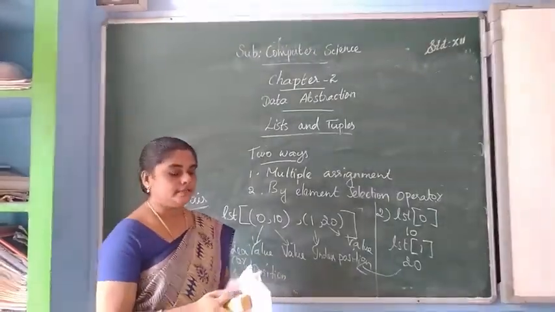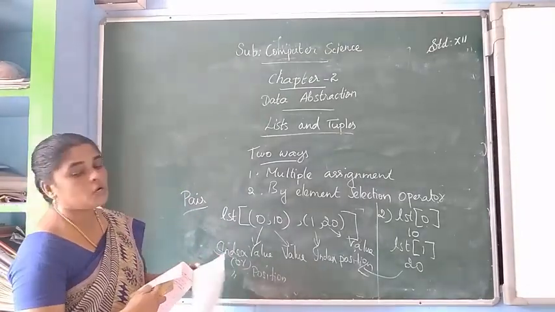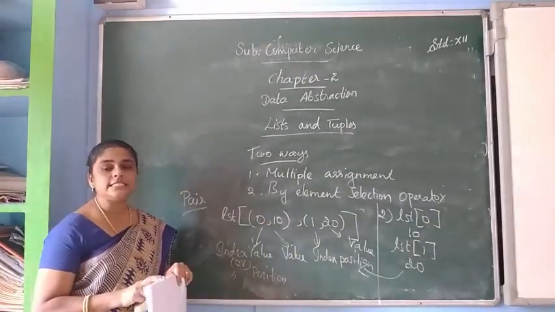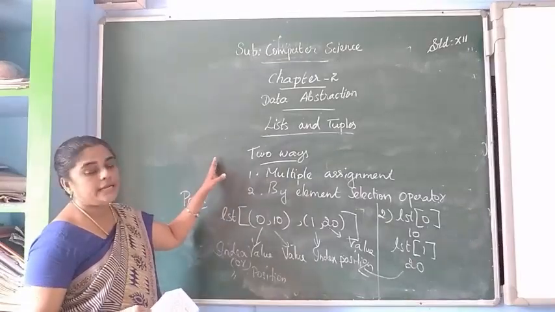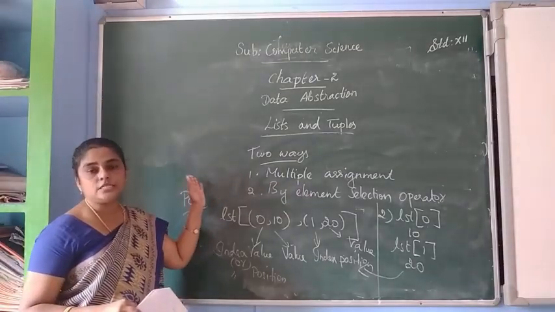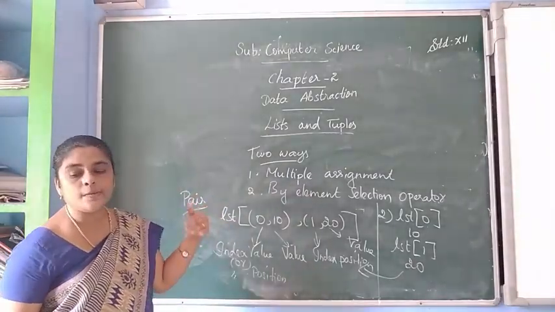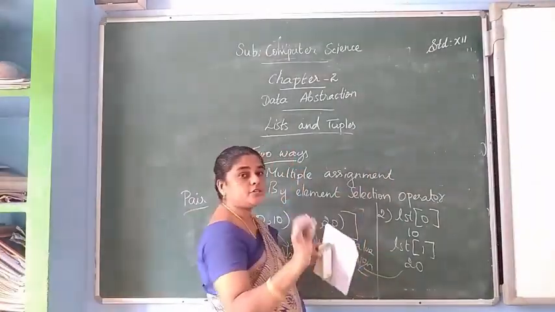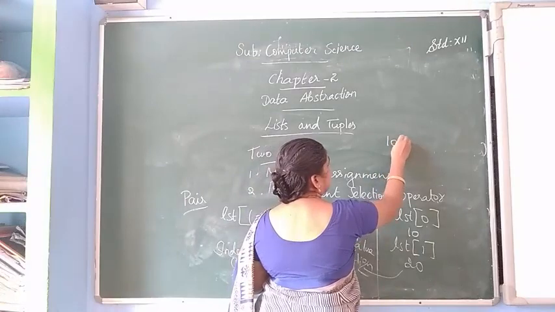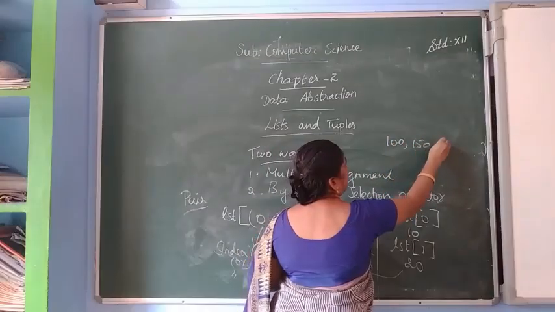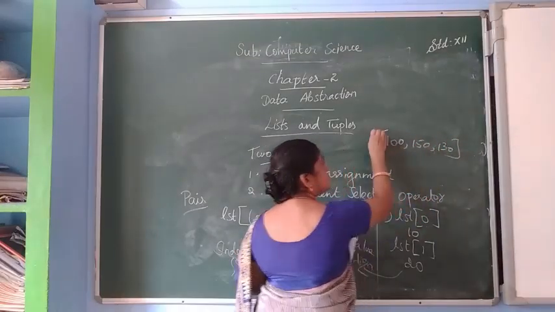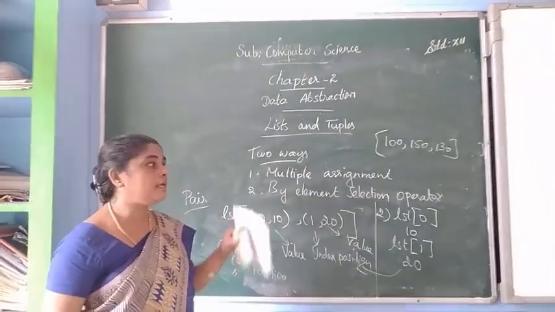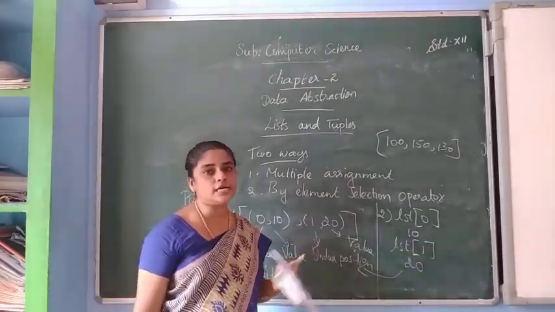Can you understand about list? So what is a list? A list is constructed by placing expressions within square brackets separated by commas. Example: not only 10 and 20, any values, 100, 150, 130. This is also an example for list. Three values are there.